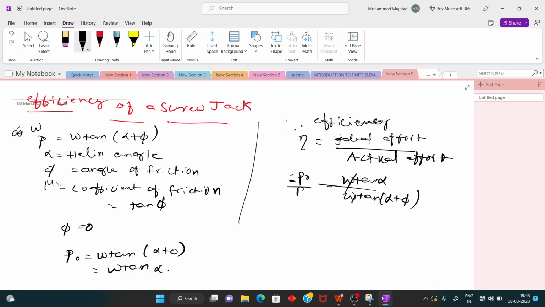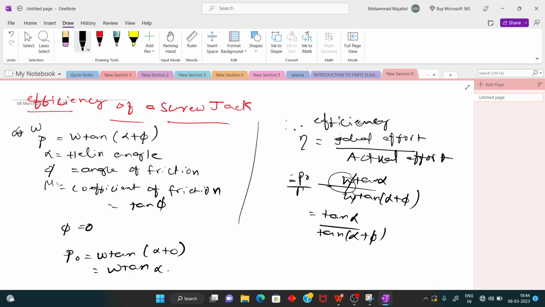So you can cancel W. That will be given as tan alpha by tan of alpha plus phi, which shows that the efficiency of a screw jack is independent of the load raised.